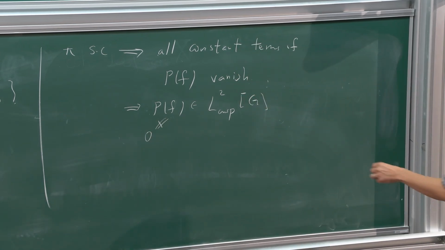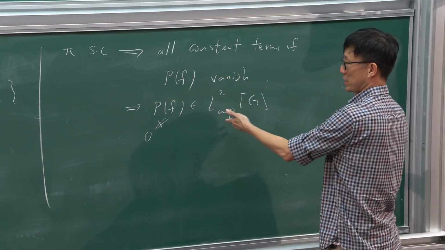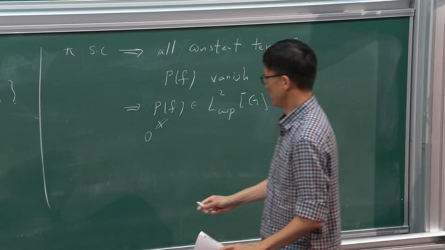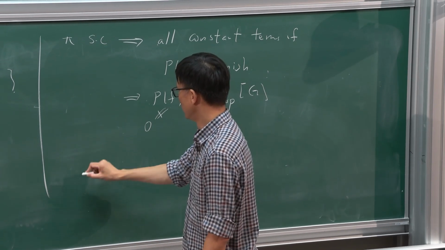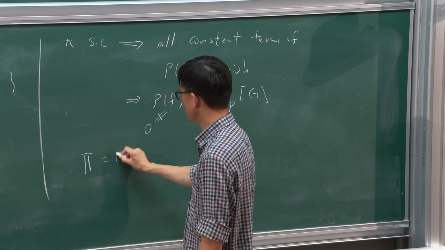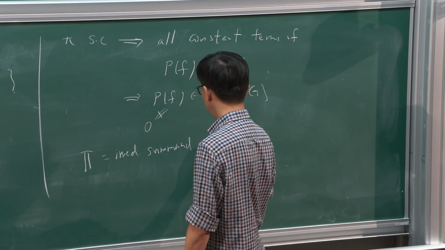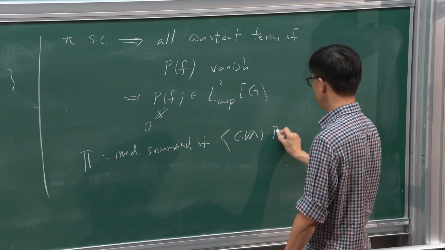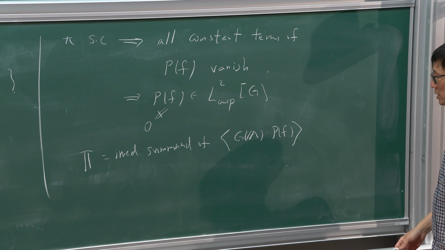Of course, you can do a spectral decomposition of this. You can write this as a direct sum of irreducibles, and you get different components. So if capital Pi is an irreducible summand of the span of this Poincaré series within L2 cuspidal, then this has the property.